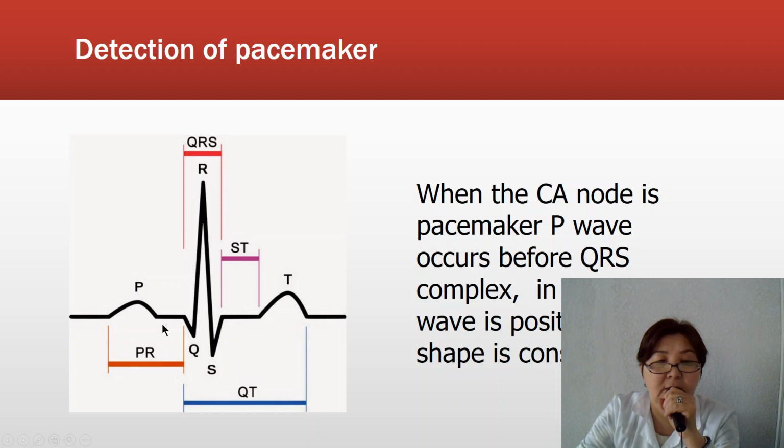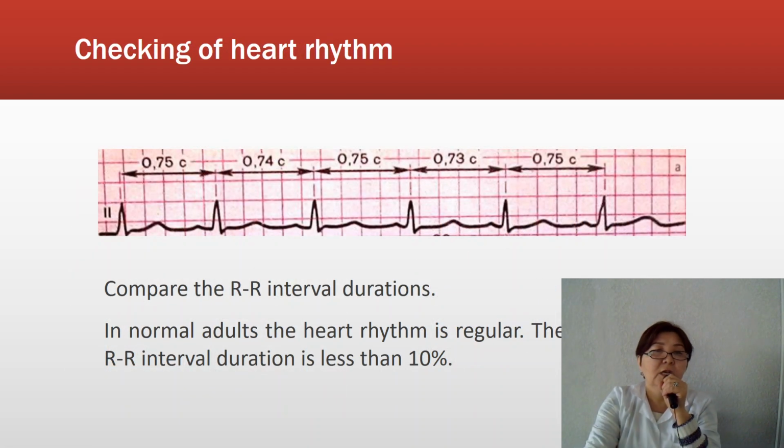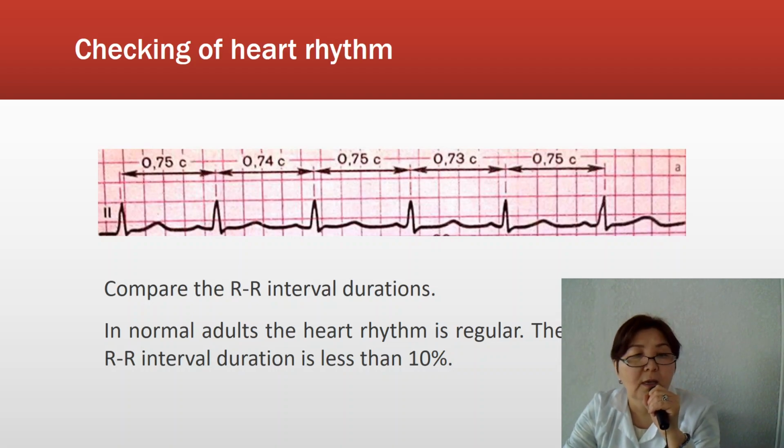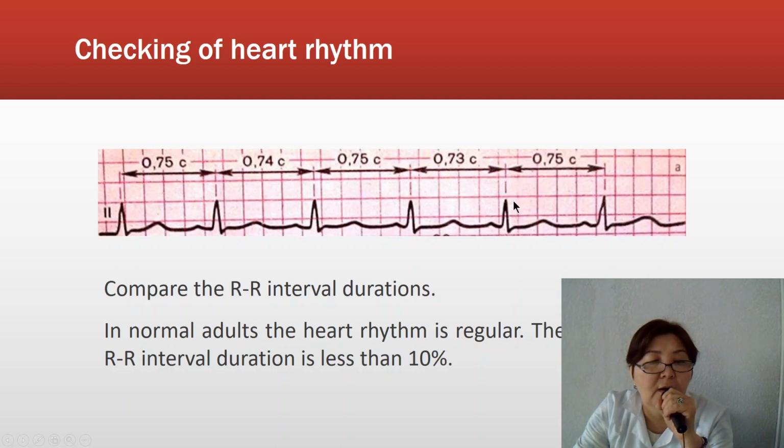Its shape is constant. Checking of heart rhythm. Compare RR interval durations. In normal adults, the heart rhythm is regular. If you see here, they are the same. The variation of RR interval duration is less than 10%.